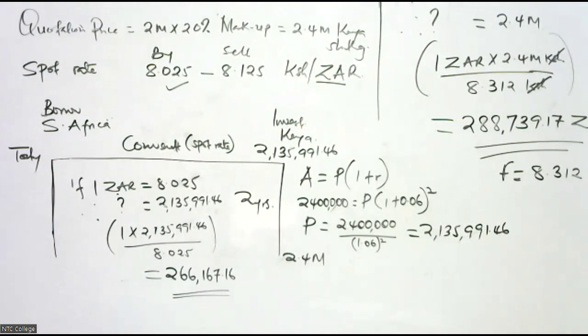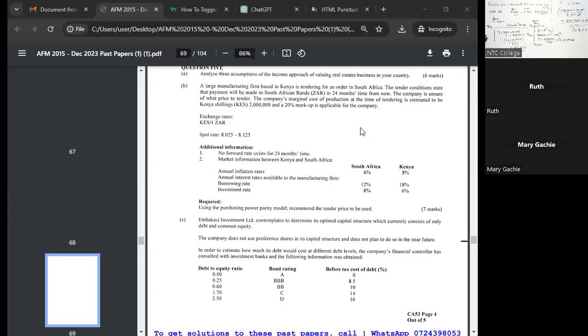So we have to use the borrowing rate. The borrowing rate in South Africa is 12%, isn't it? 12% higher.